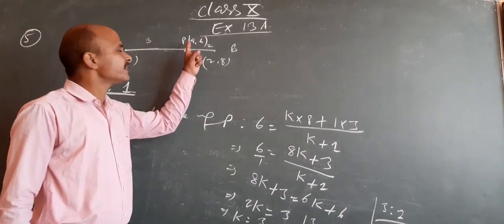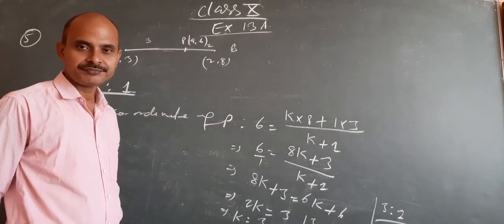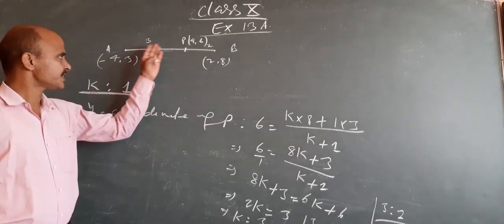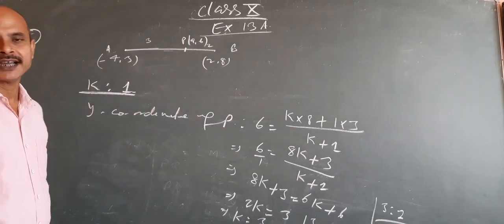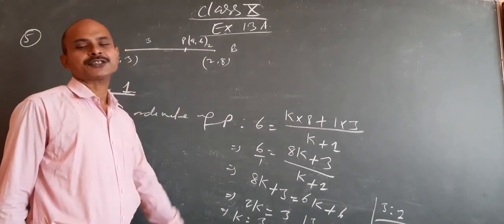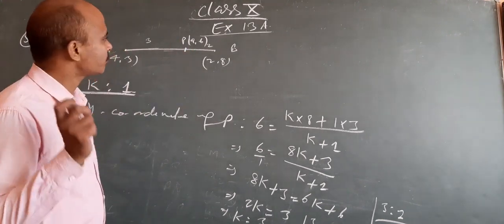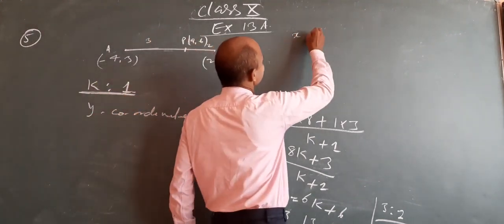Now we also have to find the value of a. Once we know the ratio in which the line segment is divided, we can find the x coordinate. What is the formula for x coordinate?